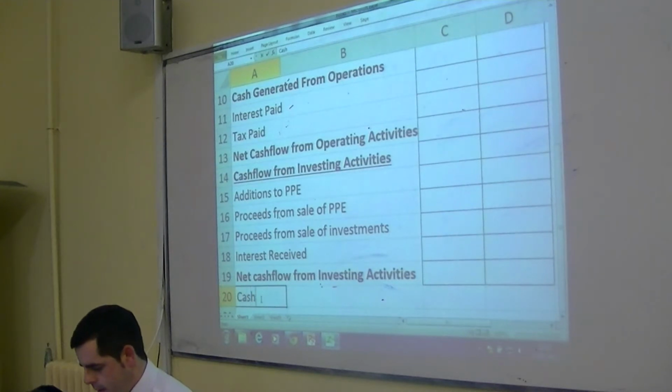So then the last heading, cash flow from financing.